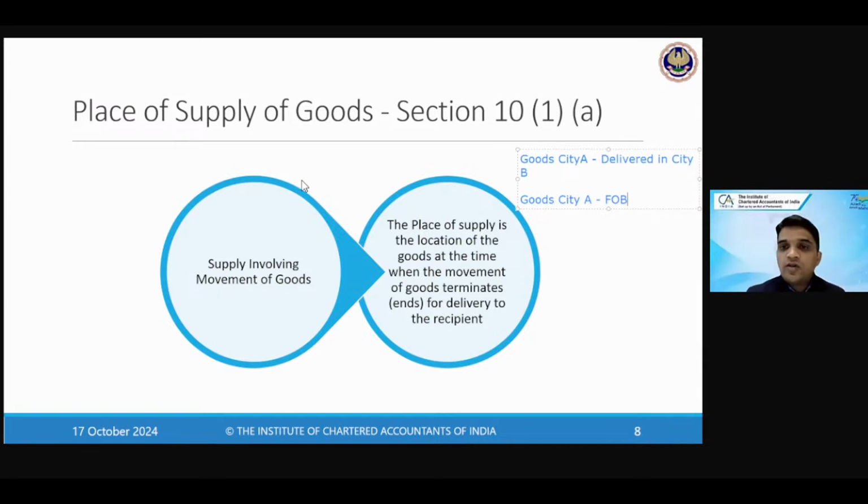Now, you are selling from city A to a person who is in city B. Okay, FOB, but to a person of city B. So in this case, what will be the place of supply?